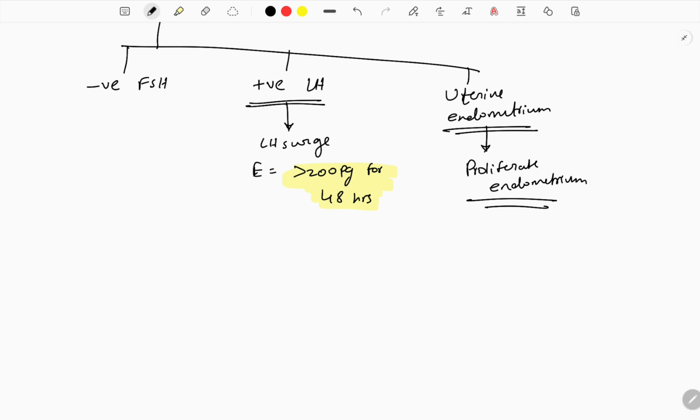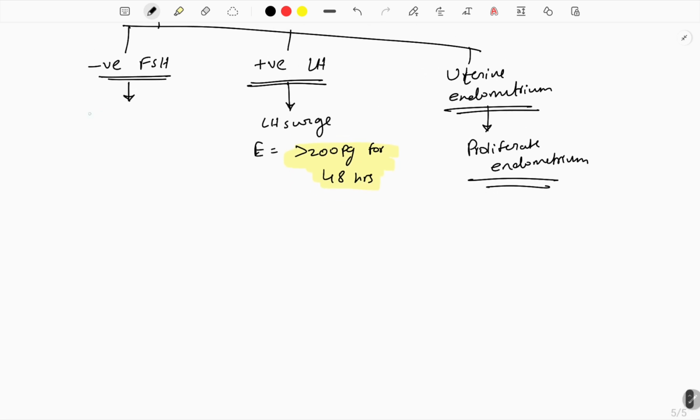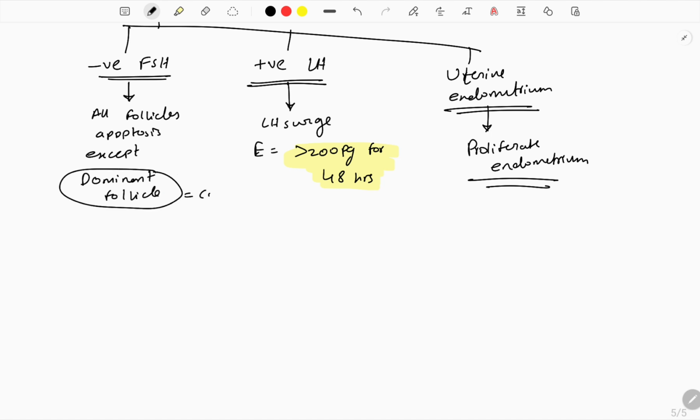Next, it has negative feedback on FSH. So what happens? All follicles undergo apoptosis except one dominant follicle. This dominant follicle continues to grow.